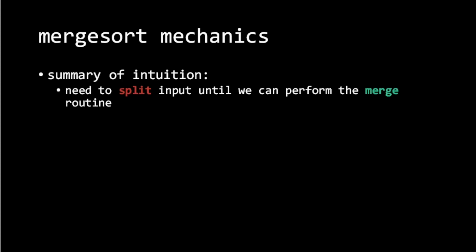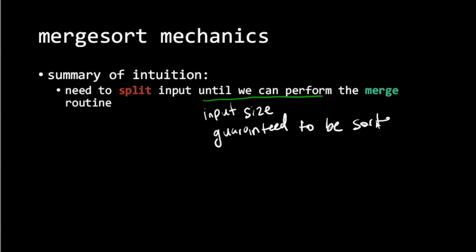So I think the intuition for this algorithm can be succinctly summarized by a split phase and a merge phase, right? So I think the fundamental idea von Neumann was going after here is you split the input down until we can perform the merge routine, right? So it's until we can perform the merge routine, where that happens when you have an input of size 1. So input size 1 is guaranteed to be sorted. And it's kind of cool.